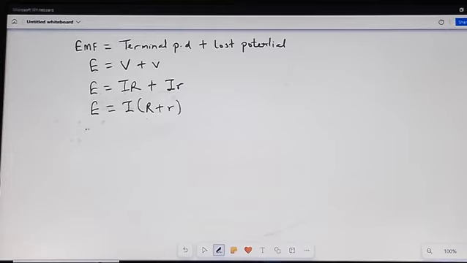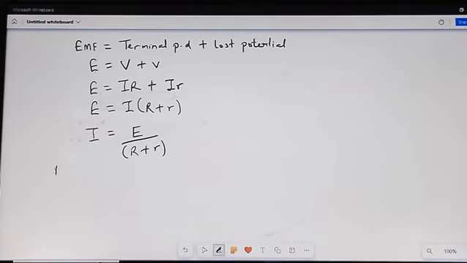And so from that expression we can find the current using the EMF divided by the summation of the load resistor and the internal resistance.